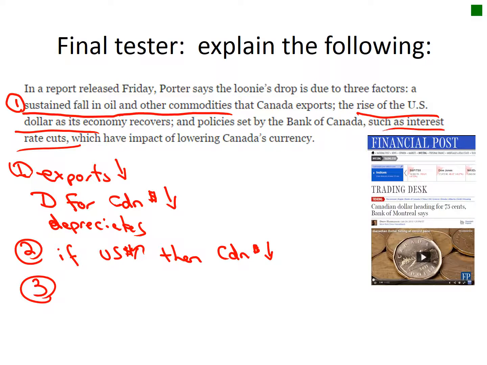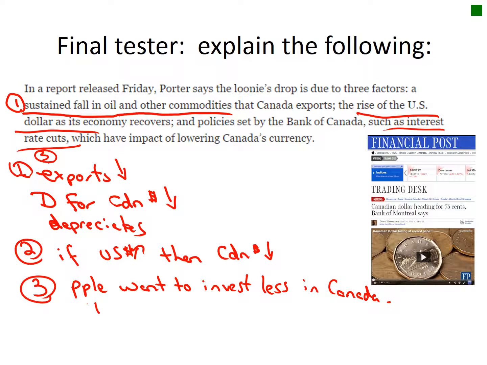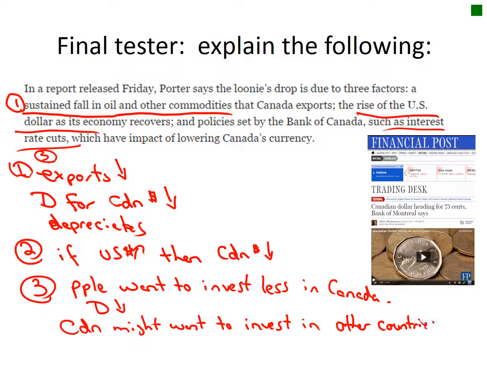And third, interest rate cuts. If we have lower interest rates vis-a-vis the rest of the world, people want to invest less in Canada. And so that would mean demand is going to go down, which means that the value of the dollar will go down, but also Canadians might want to invest in other banks around the world, to invest in other countries more.